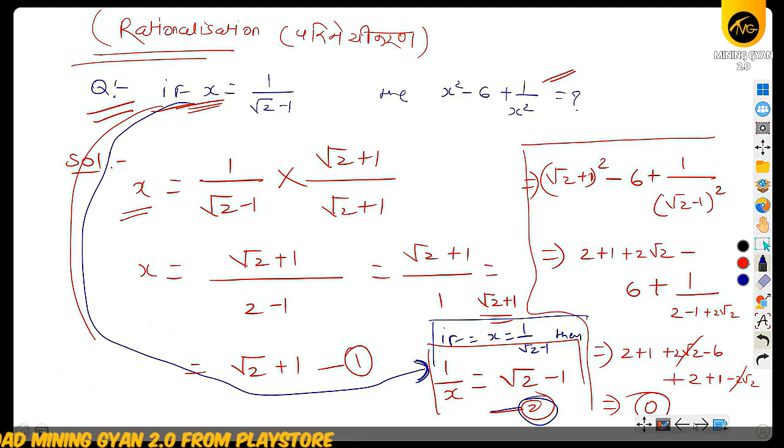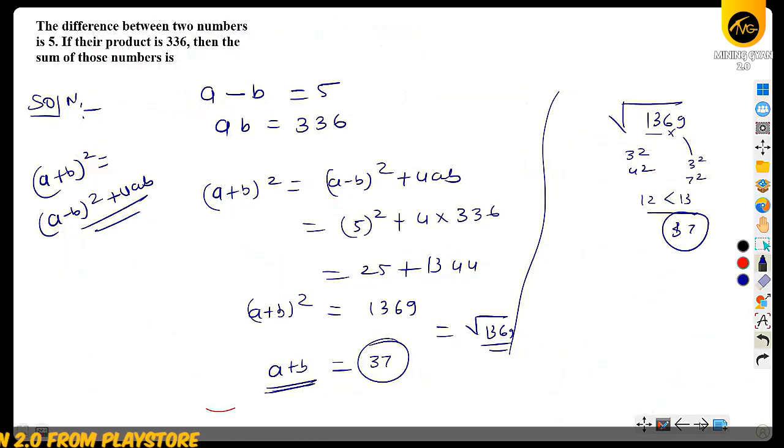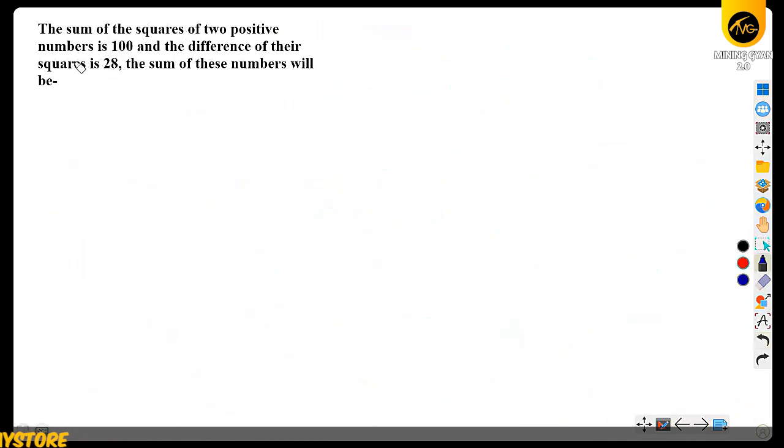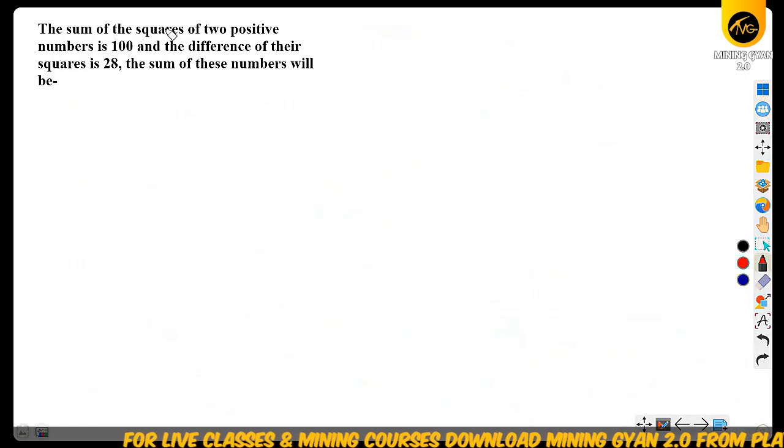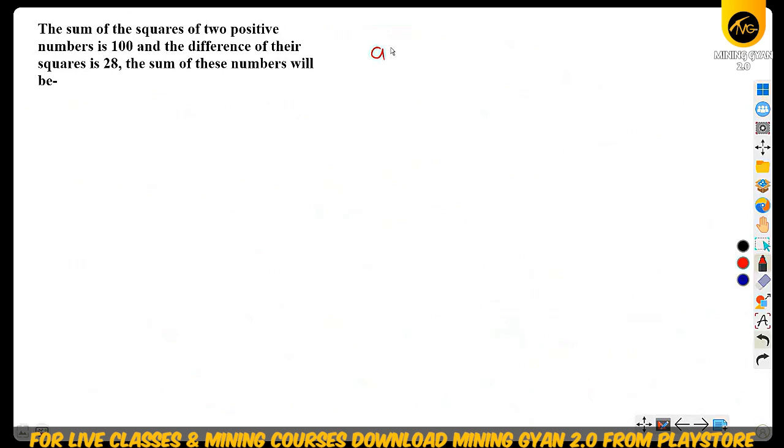Now the next question is: the sum of the squares of two positive numbers is 100 and the difference of their squares is 28. Suppose the first number is a and the second number is b.